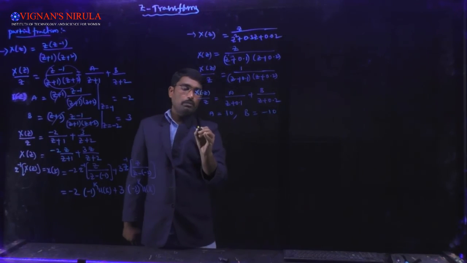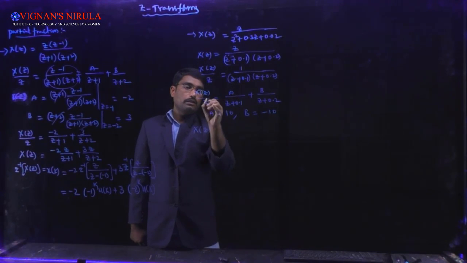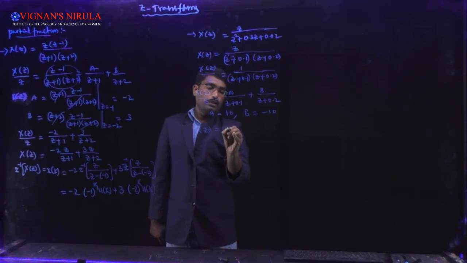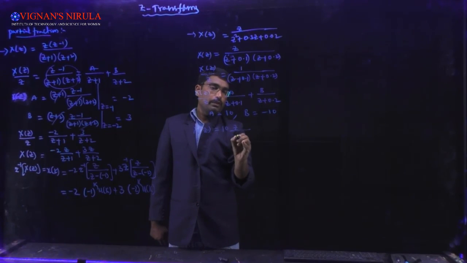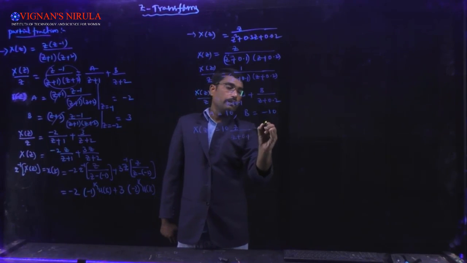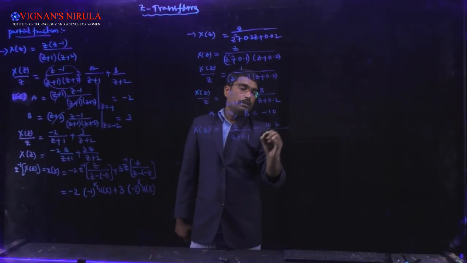By putting this and bringing z to the right side, it becomes 10 z/(z + 0.1) - 10 z/(z + 0.2).